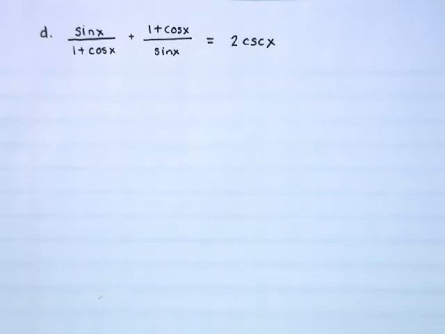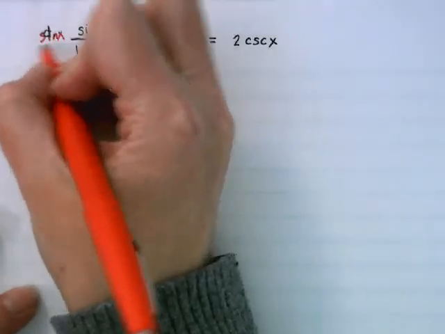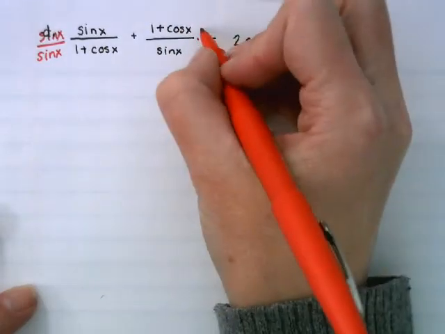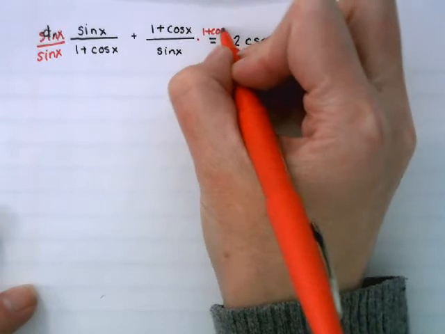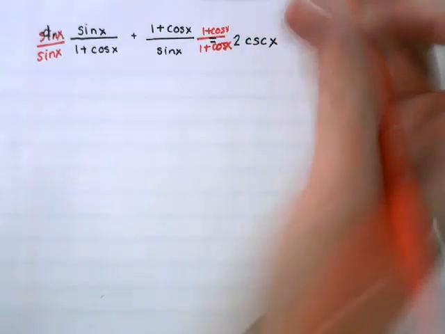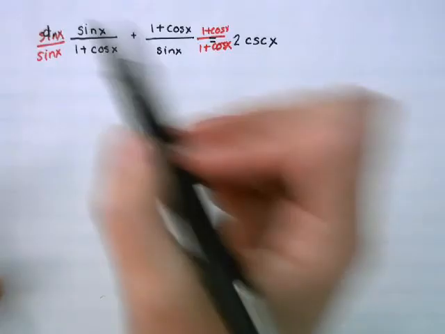So our next example, we have sine of x over 1 plus cosine plus 1 plus cosine over sine. So what we're going to do here is get a common denominator. I'm going to multiply this side here by sine over sine. And I'm going to multiply this side here by 1 plus cosine of x over 1 plus cosine of x. And you can write this in the next step. I'm just going to do it there.